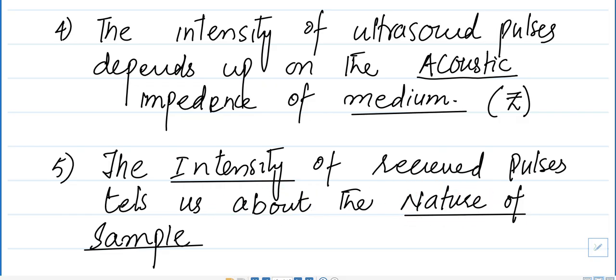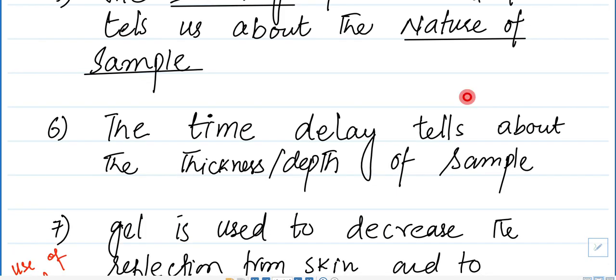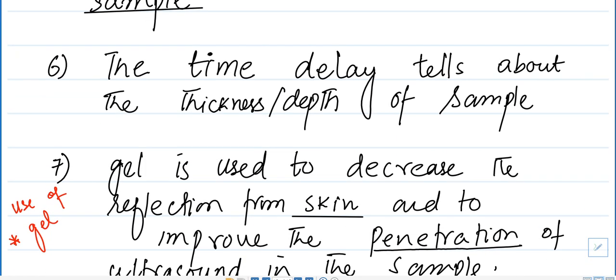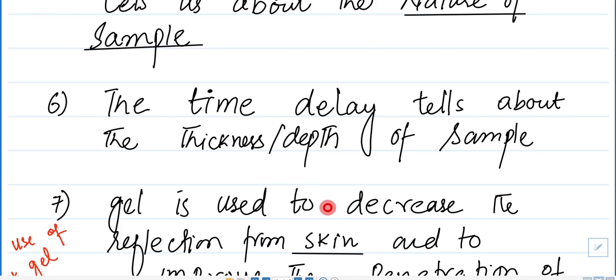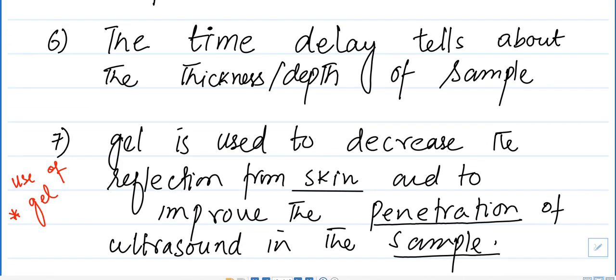If more ultrasound is reflected back, it means there is a difference in the acoustic impedance Z. But if it is received back with almost the same intensity, it means the coefficient of reflection is small, sorry, the acoustic impedance is almost the same.